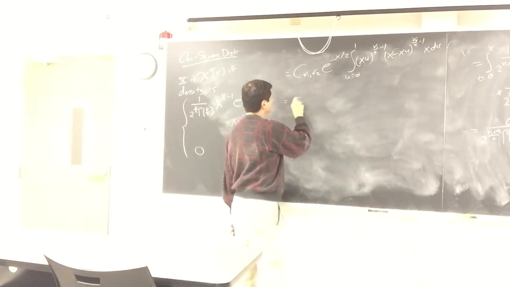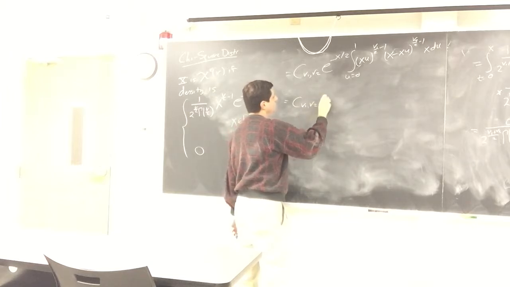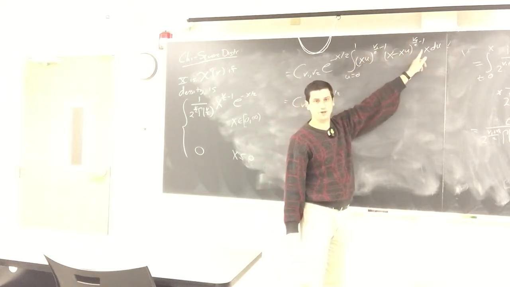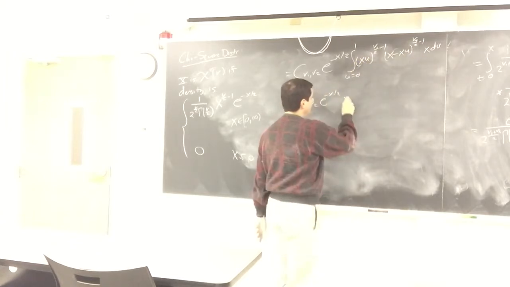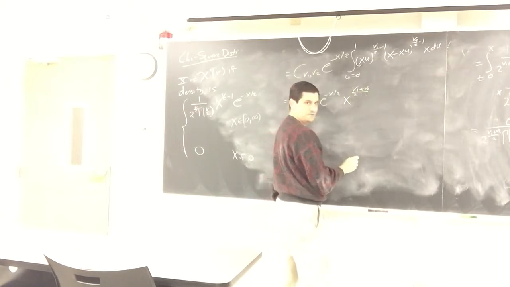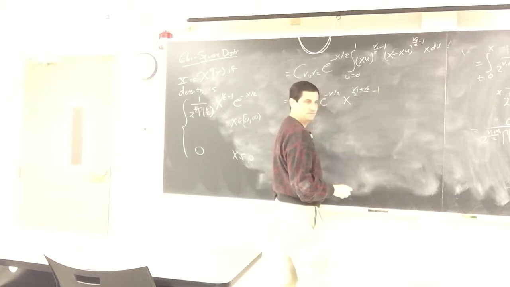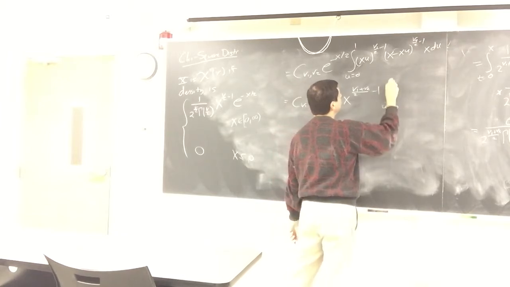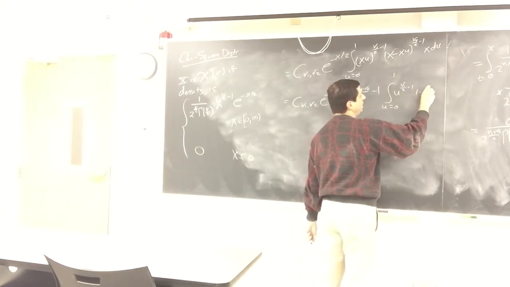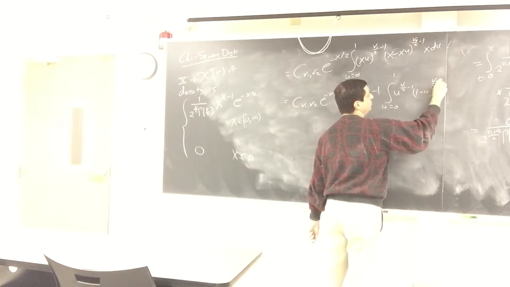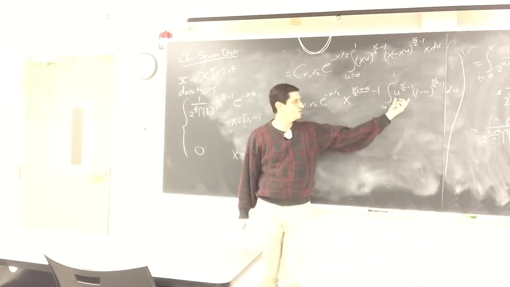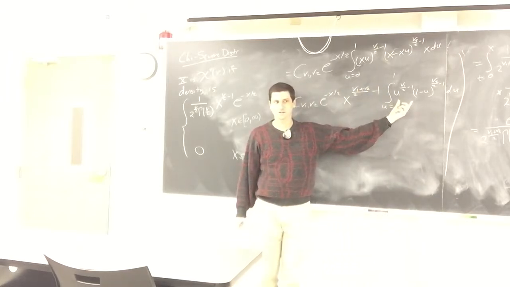So if I pull out all the x's, c of nu 1, nu 2, e to the negative x halves, I get an x to the nu 1 over 2 minus 1 and x to the nu 2 over 2 minus 1 plus an x. So I'll get x to the nu 1 plus nu 2 over 2 minus 1, integral u goes from 0 to 1 of u to the nu 1 over 2 minus 1, 1 minus u to the nu 2 over 2 minus 1 du. Does this integral have any x dependence? It's just a constant.